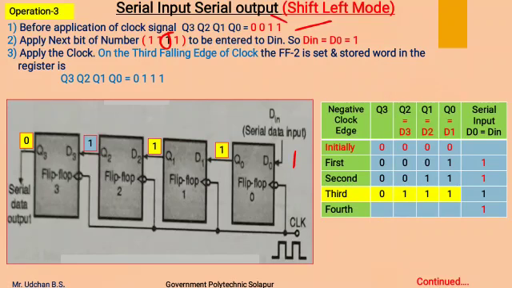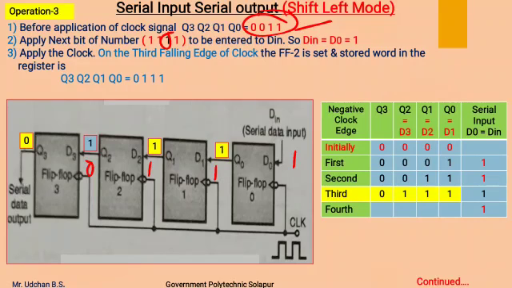Now this is our data before applying the clock pulse, in which Q0 is 1, so D1 will become 1. Q1 is 1, so D2 will become 1. Q2 is 0, therefore D3 will become 0. So now before applying clock pulse, we have D input of each flip-flop.